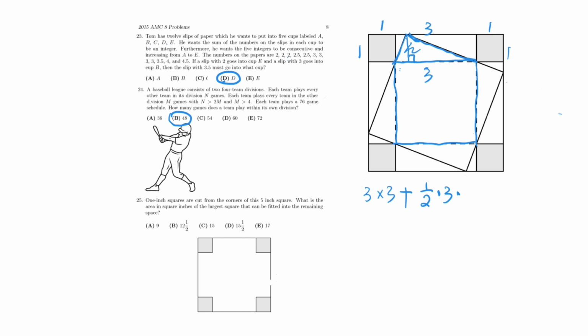So 3 times 1 divided by 2. They are exactly identical triangles, so we times 4. That's equal to 9 plus, cancel 2, that's 6, equal to 15. The answer is C.